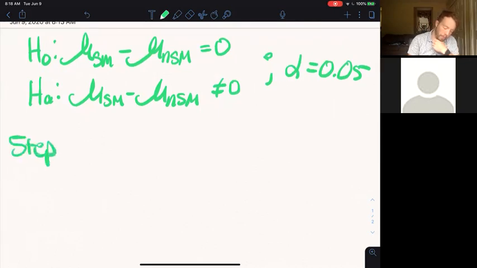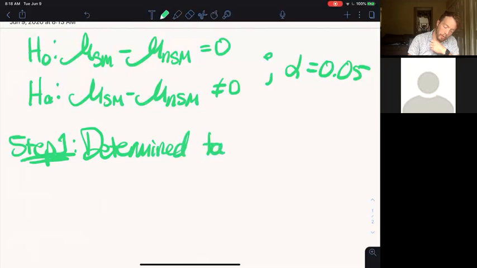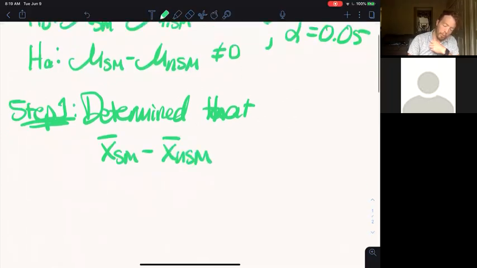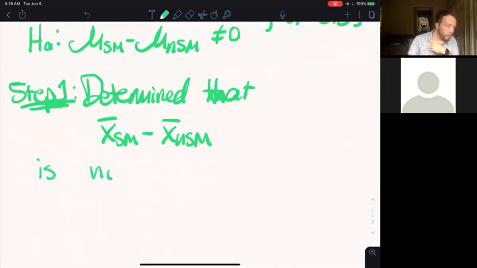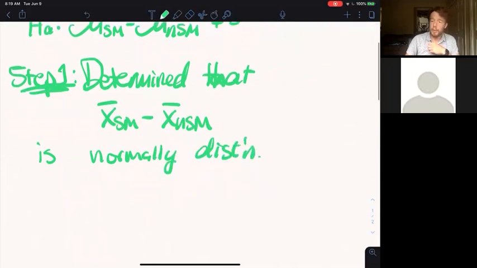In step 1, we determined that X bar smoke minus X bar non-smoke is normally distributed, or at least we established that it is, as long as we can establish that both of these individually satisfy the conditions for normal distribution.